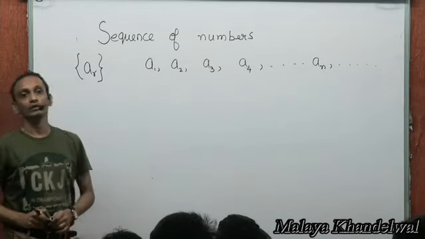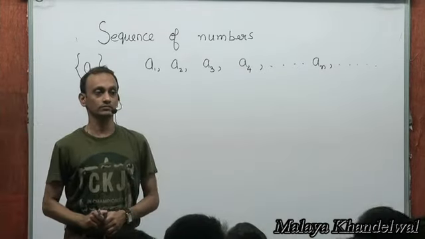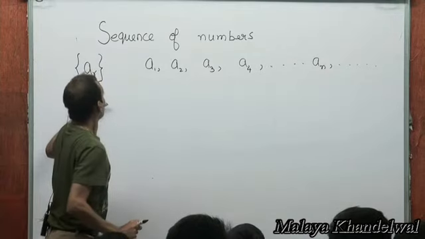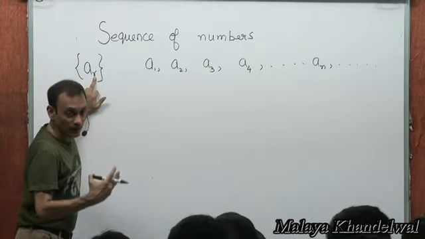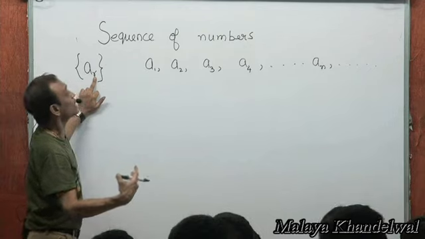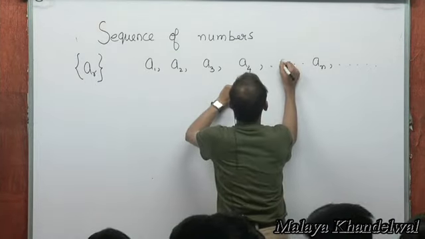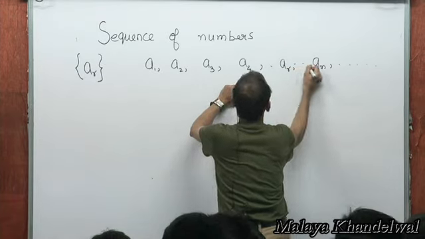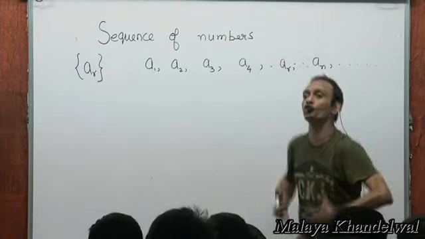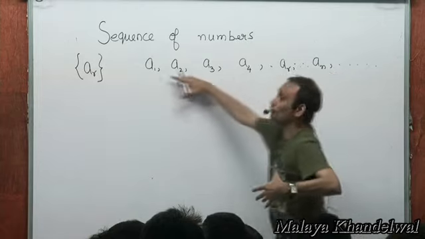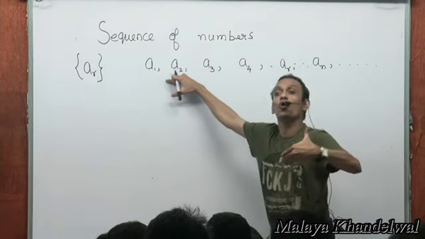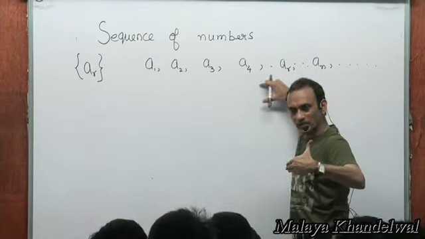Now, R equal to 1 will give me the first term of the sequence, R equal to 2 will give me the second term, and we have some term called AR in the sequence, which could be any term. AR is a floating term which represents all members of this sequence.